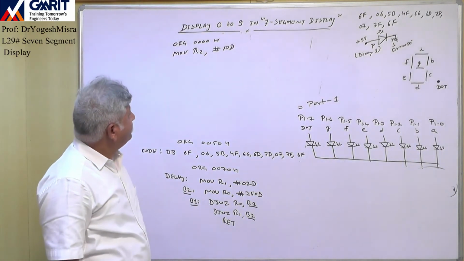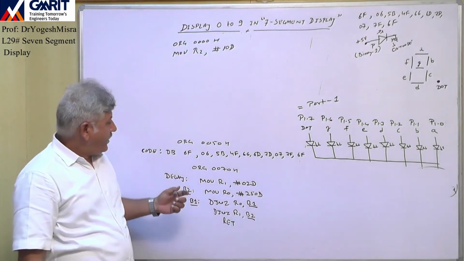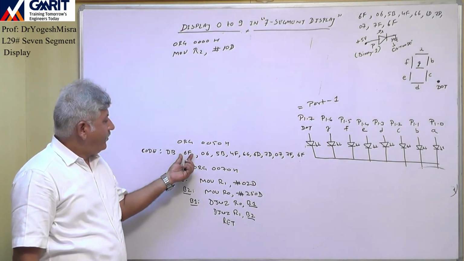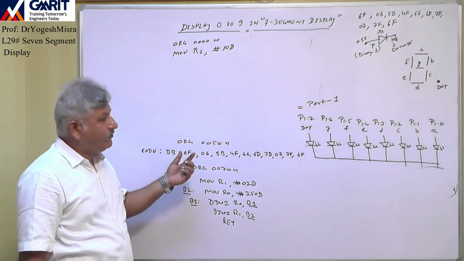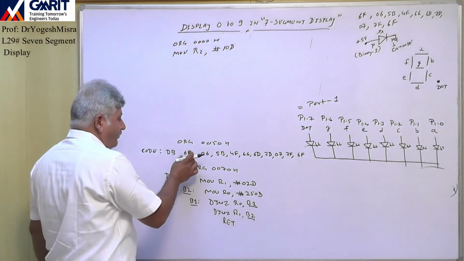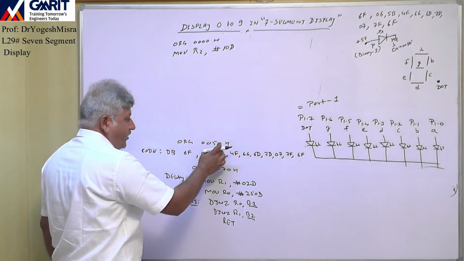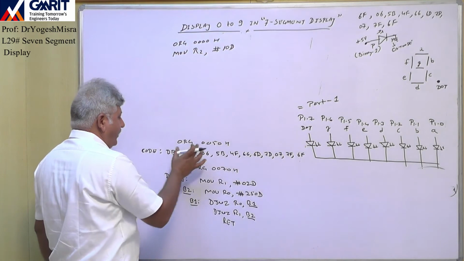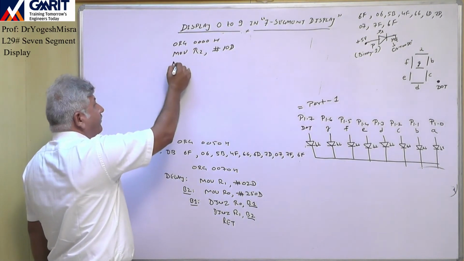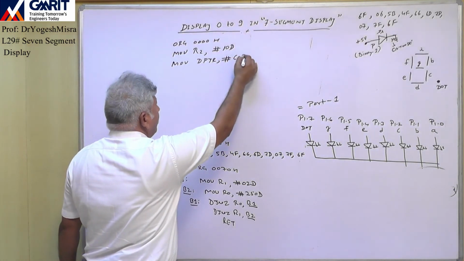Now after this, I will bring the address of my first code into the DPTR register, because we have to use DPTR in one instruction. The memory location of this first byte is 0050, and this location is denoted by the label code. So I will write MOV DPTR, #code.